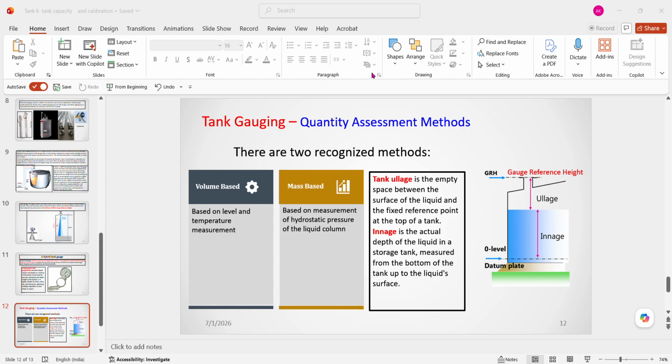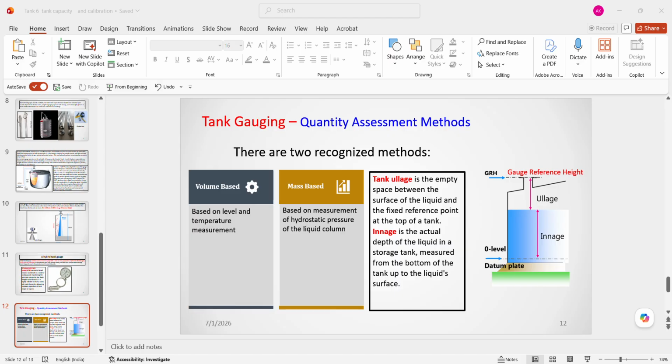If the level is high, you will get high pressure. So you will come to know the level. Along with this, the radar or servo gauge is also there. Then compare both and give you the actual level. So it is frequently used for petroleum and chemical industries.